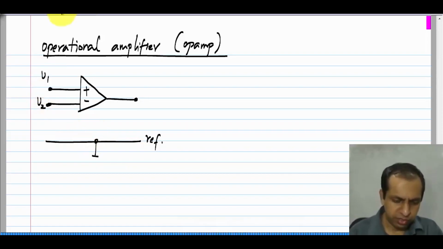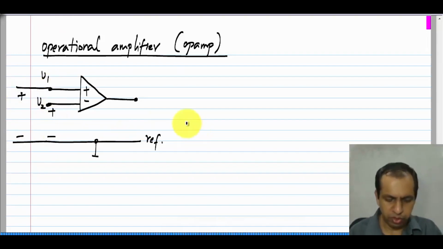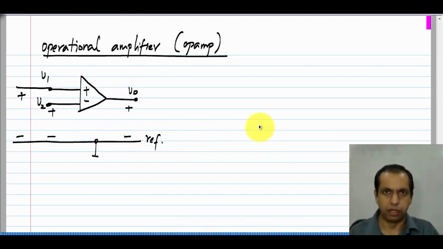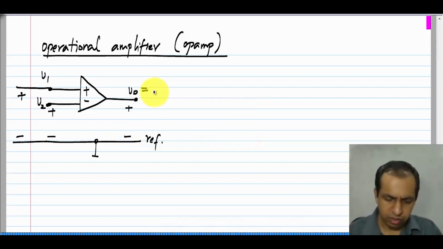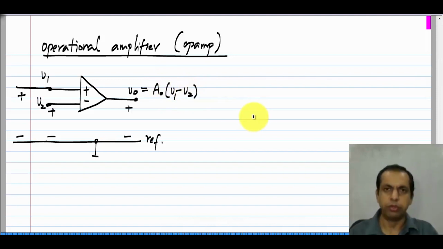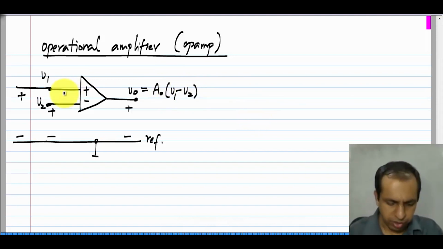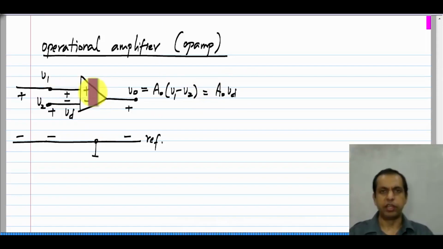That means that V1 is the voltage between this point and ground, V2 is the voltage between that point and ground, and V0 is between that and ground. And this V0 is A0 times (V1 minus V2). Typically this difference between V1 and V2 is denoted VD. So, V0 is dependent only on the difference voltage between its inputs. That is what an Opamp is.